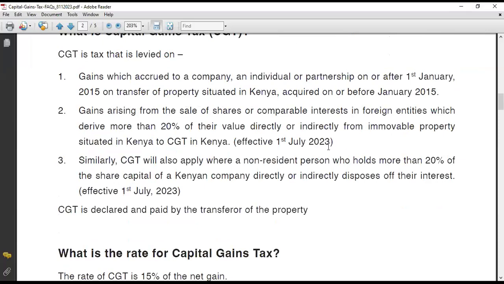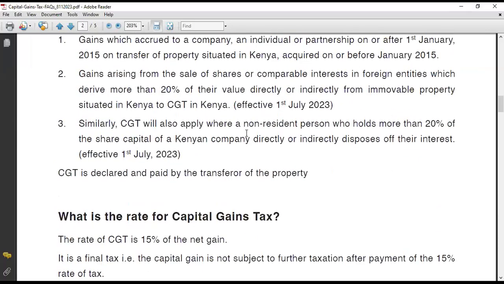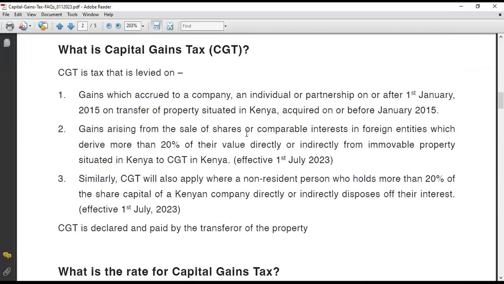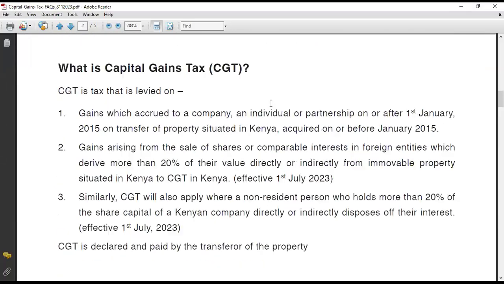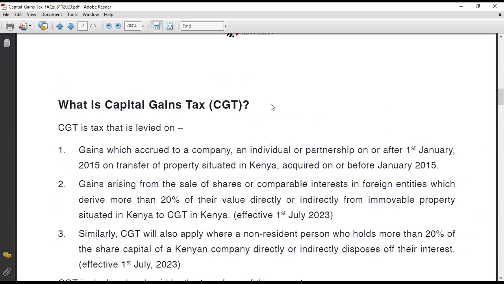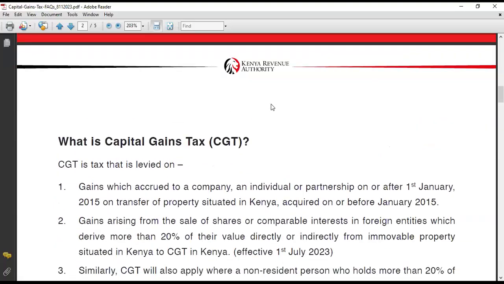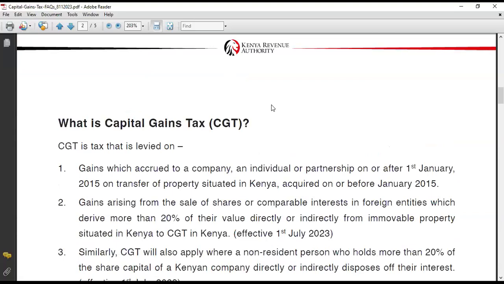So in a question of 5 marks, you start by saying what capital gains is. This is a document by KRA, which I'm projecting: capital gains tax, frequently asked questions.